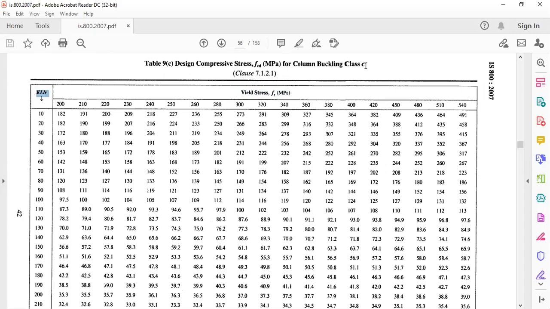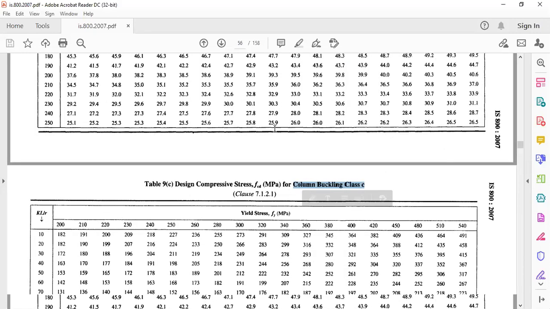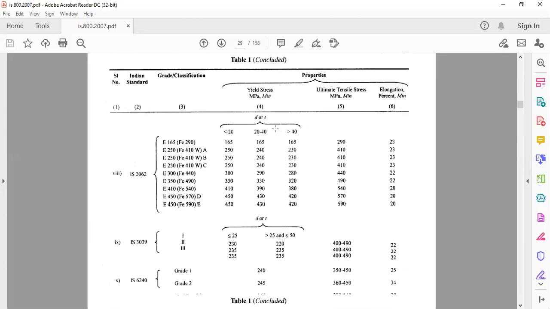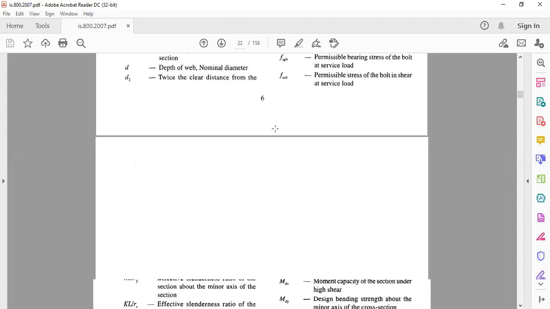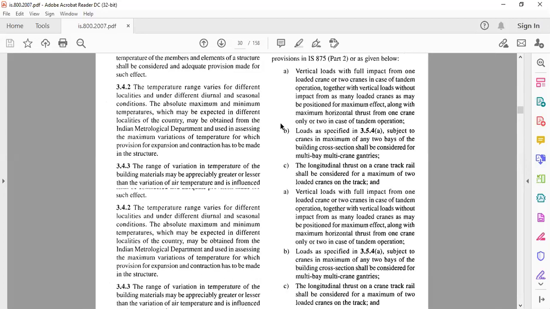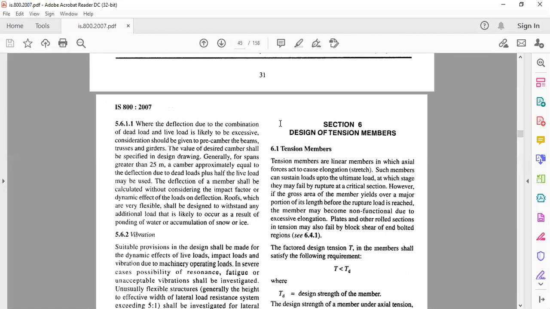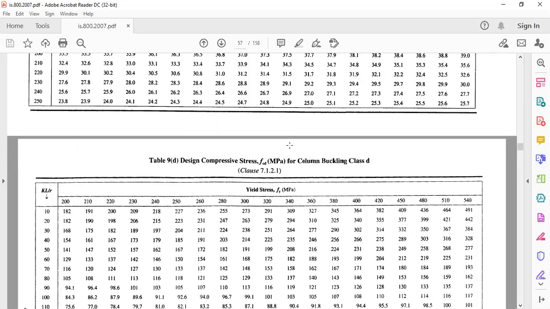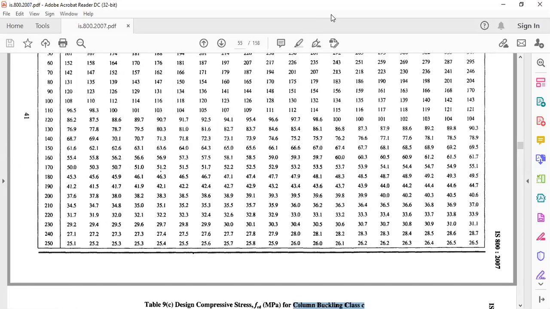The buckling class I am going to take as C for welded plates. This is from the table. Then I should move on to the fy value. So fy I know is 250 Newton per mm square. By calculating that, I am going to have the FCD value, the design compressive stress.